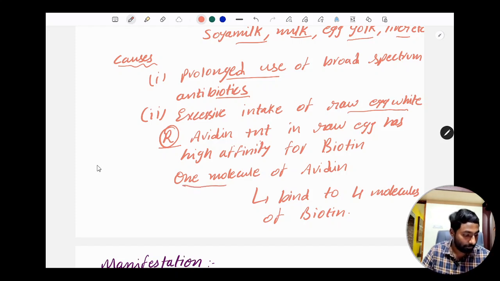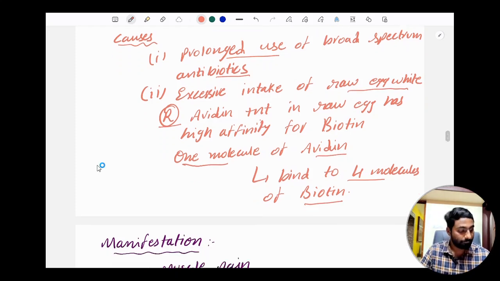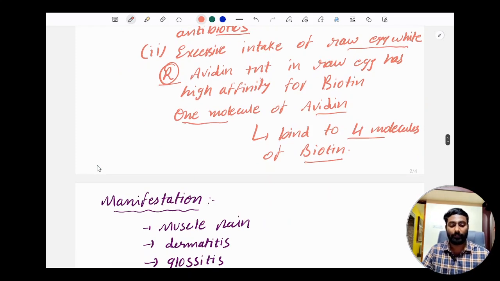One molecule of avidin will bind to 4 molecules of biotin. If you boil the egg, avidin is heat labile, so it will get destroyed. So it is advised to take boiled eggs rather than raw eggs.